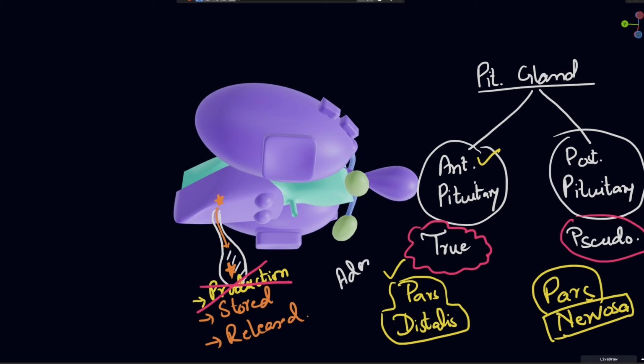And the posterior pituitary is not actually a true gland, it is an extension of nervous system, an extension of hypothalamus, so it is neurohypophysis, hypophysis, right? So neurohypophysis, so it is related with nervous system.